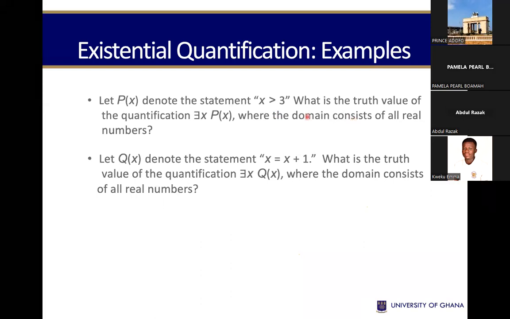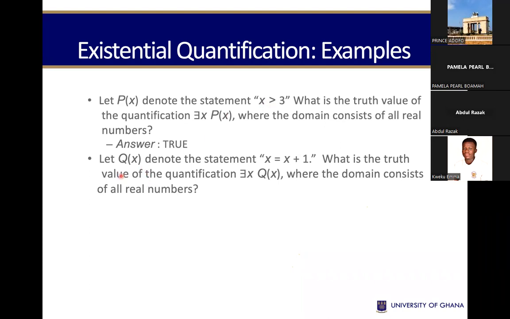Our main task is to look for a particular real number that will make X greater than 3. Of course, if I pick 4, 4 is greater than 3, and 4 is a real number. So I'm good to go. I can say that this is true, because I can get one number that makes it true.